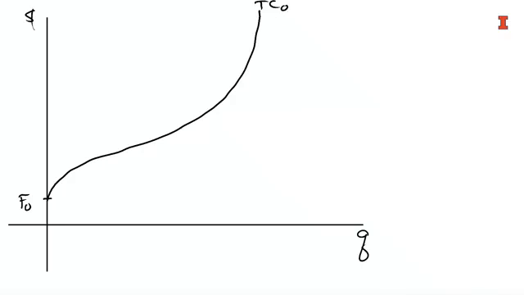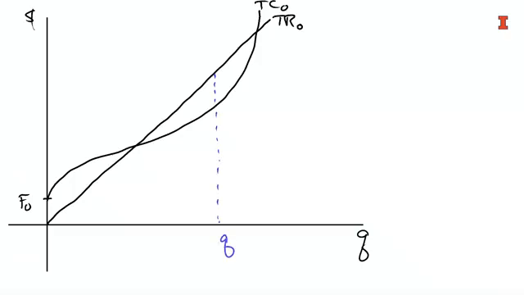And there's also a total revenue. The total revenue, of course, is a straight line. We know it's a straight line because the firm is taking price as parametric. So the slope of that revenue function is just the price per unit that you sell it at. And given this, the firm can see that there's some initial output point that maximizes profits.